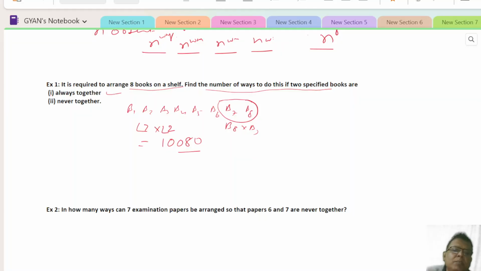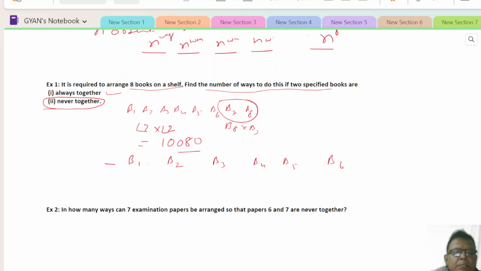Now never together. If it is never together, then the best way is you make a space, like B1, B2, B3, B4, B5, B6.